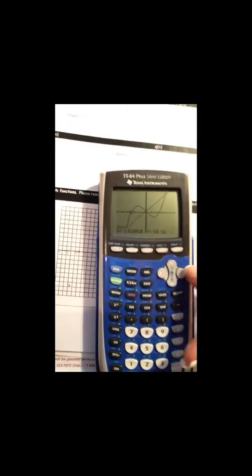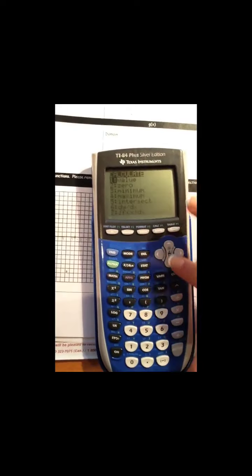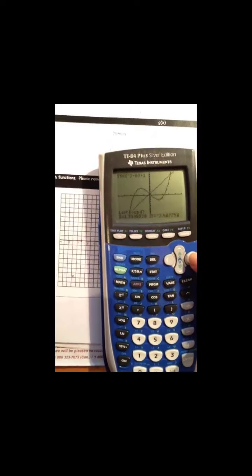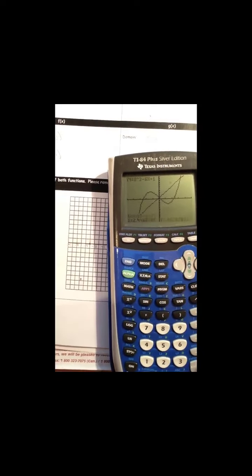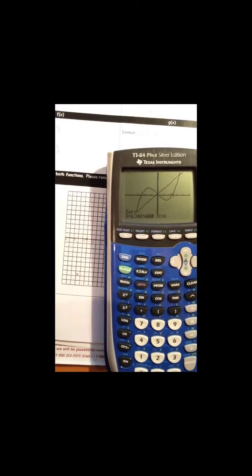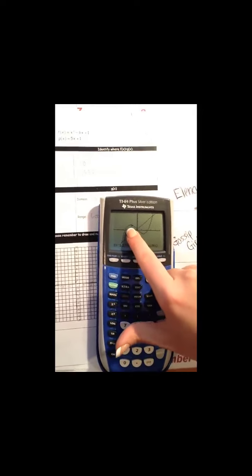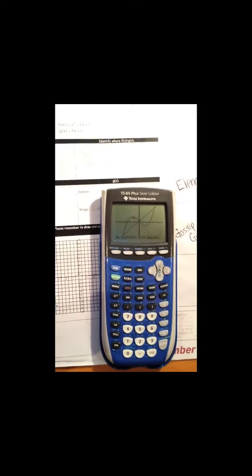So now I'm going to find another 0, so second trace, 0. I'm going to try to find this one, left bound, right bound. That's its guess. So now to make my graph a little more accurate, I'm going to try to find the local maximum and minimum of this cubic function.